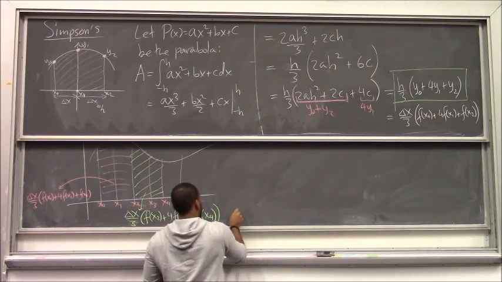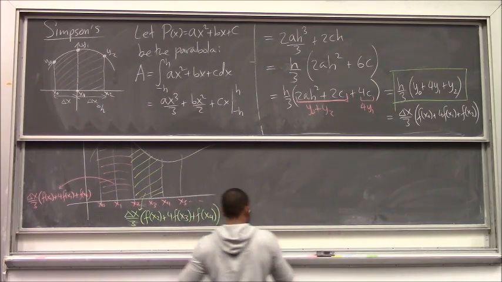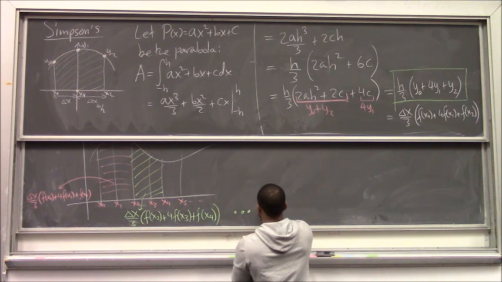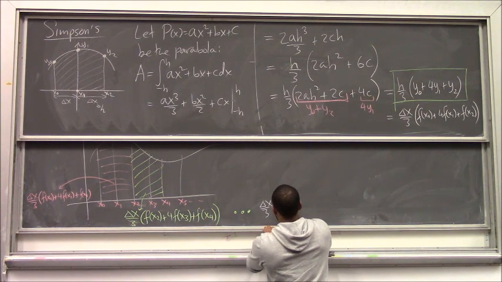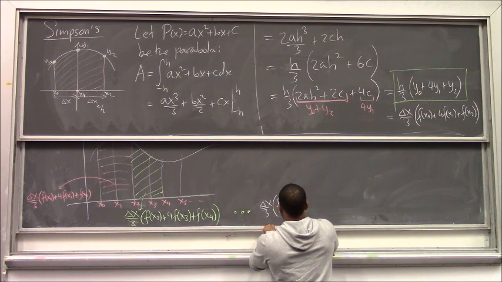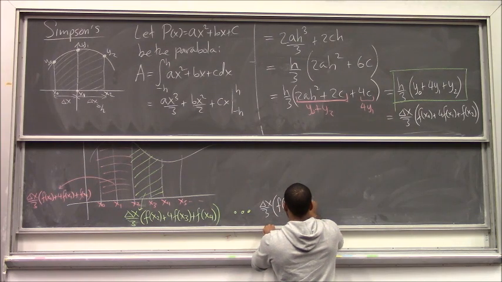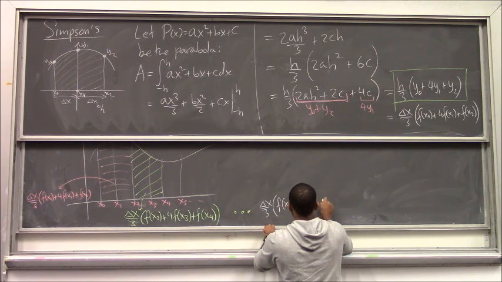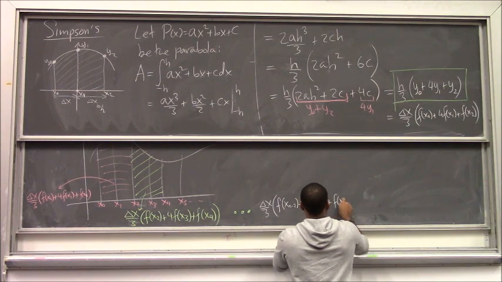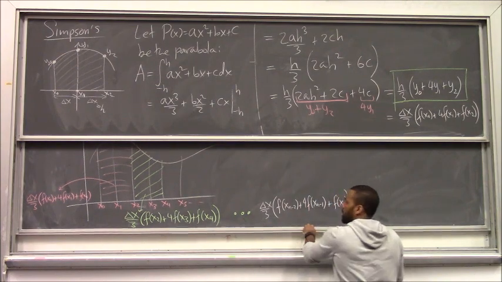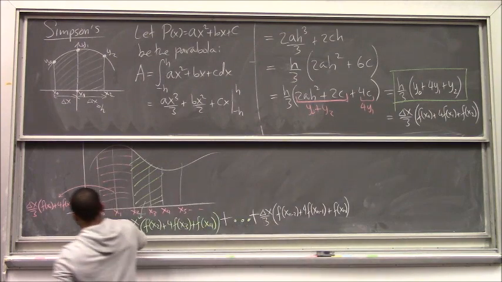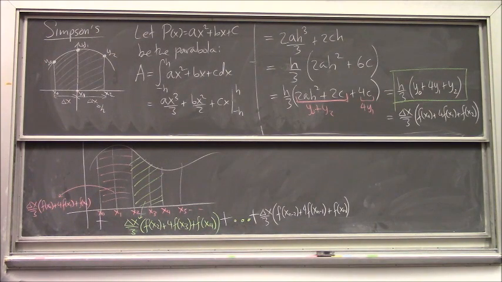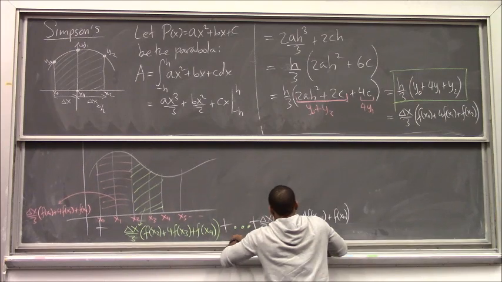This pattern is going to continue until you end up with the last one, which is going to be delta x over 3 times f of xn minus 2 plus 4 f of xn minus 1 plus f of xn. And you're going to add up all these together, dot, dot, dot.